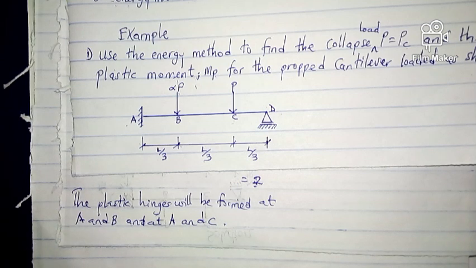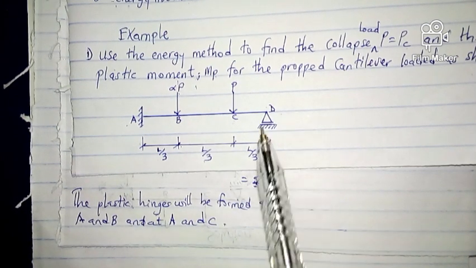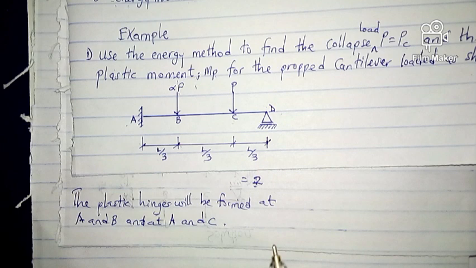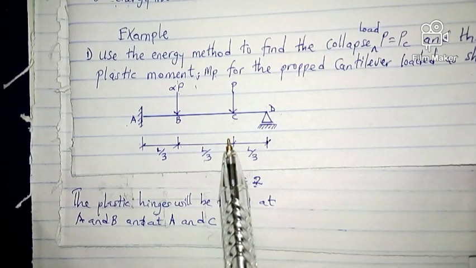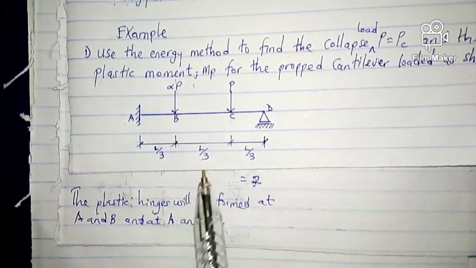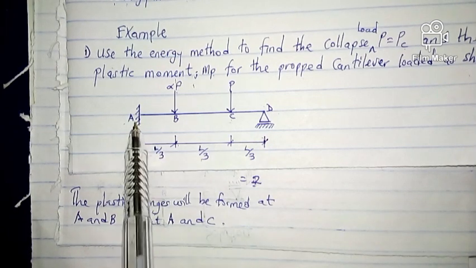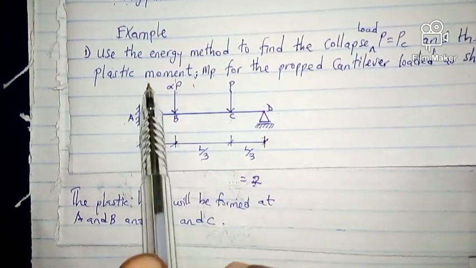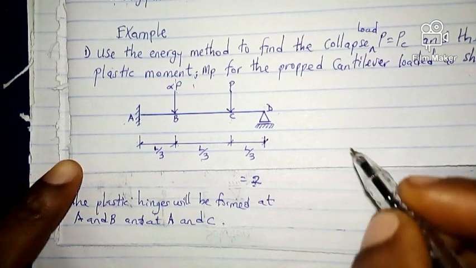The example we have. Now, in this propped cantilever, remember, if you draw the bending moment diagram of this propped cantilever, remember here we have two collapse loads acting on a beam. So if you are drawing the bending moment diagram of this propped cantilever, it's going to be like this.